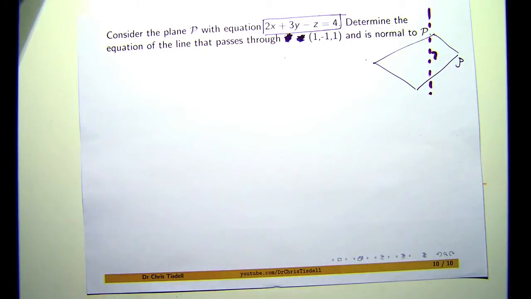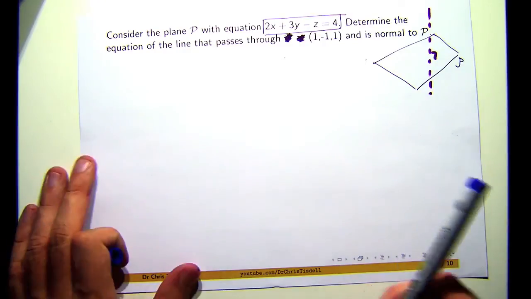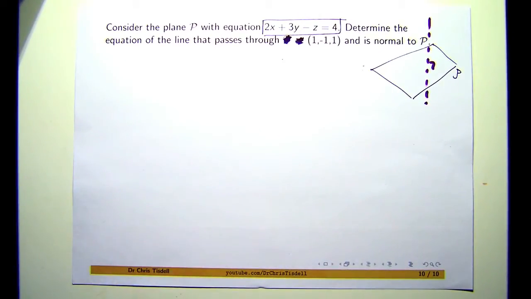Okay, so I'm going to come up with the vector form or parametric vector form of the line, which is something you learn in a first course in vectors, right? So what do we need for the equation of a line?